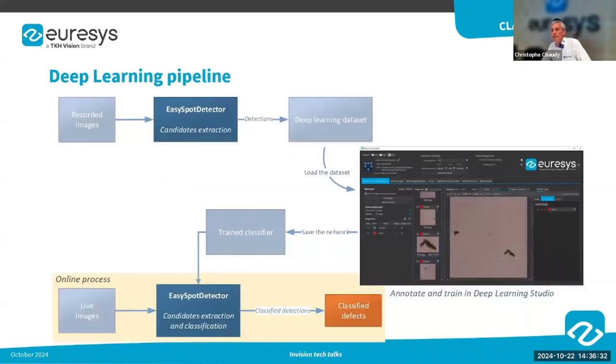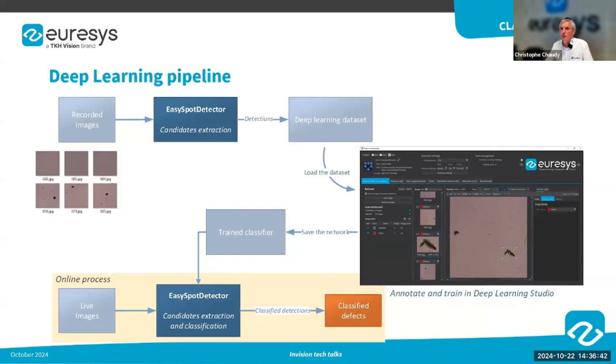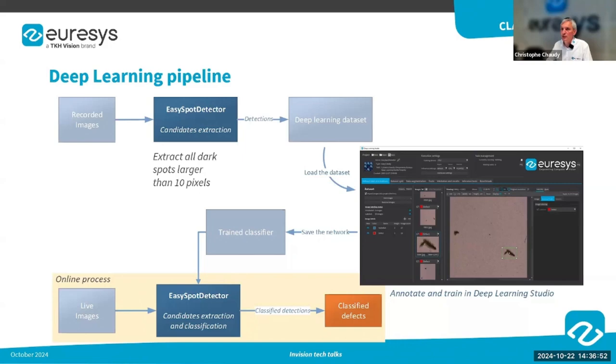So how does it work? The deep learning pipeline starts with an offline procedure, and then there is the online process. The offline process is first to gather some images of the products and use the EasySpotDetector to extract the candidates.